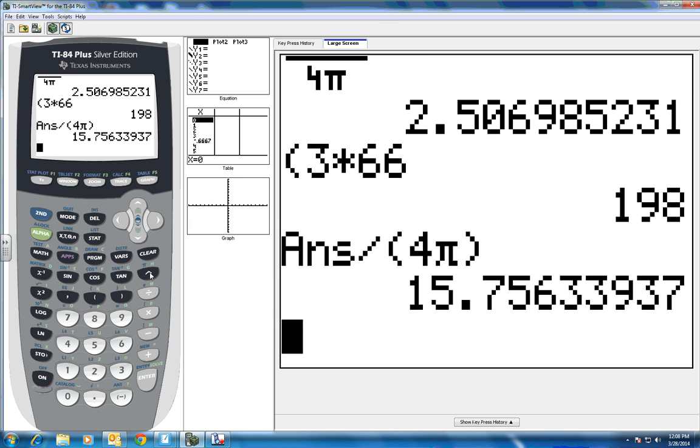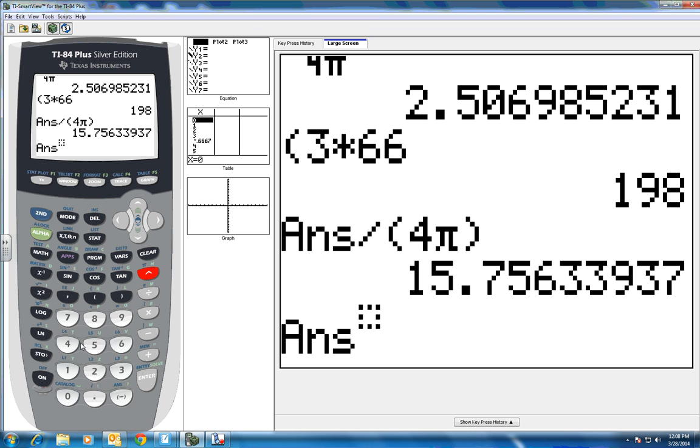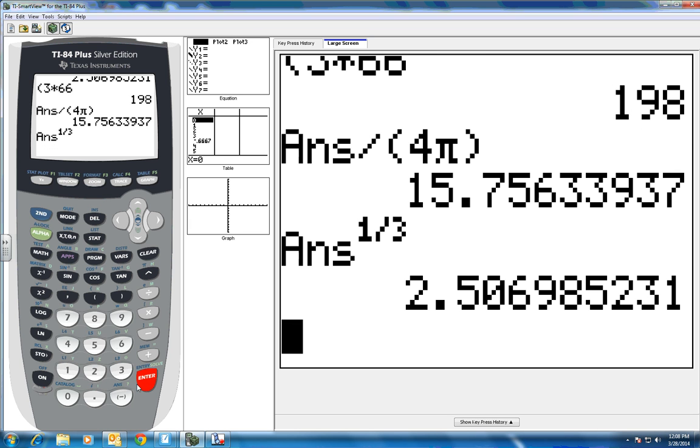And then raise that answer to the 1/3. Let's make sure we get the same answer. Yeah. So put the top, hit enter, divided by the bottom, hit enter, and then raise that to the 1/3 power. Yes. Okay.